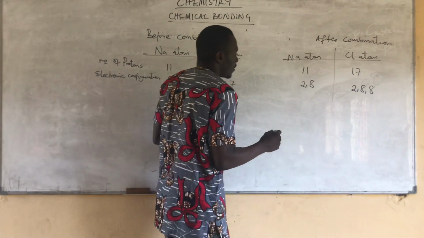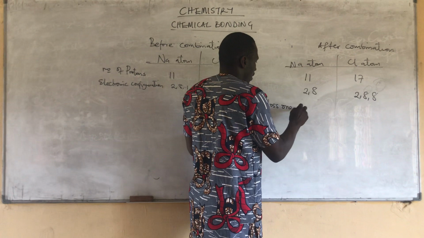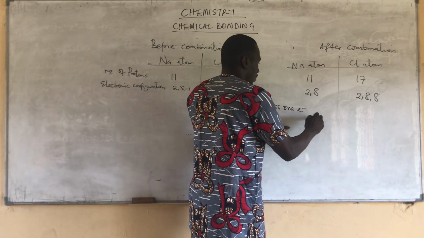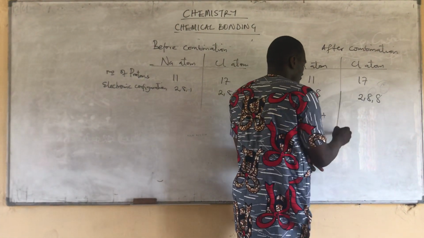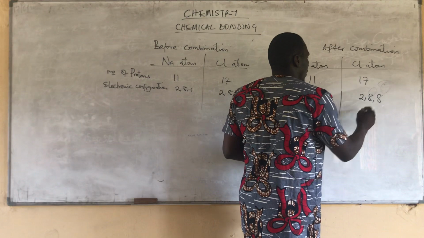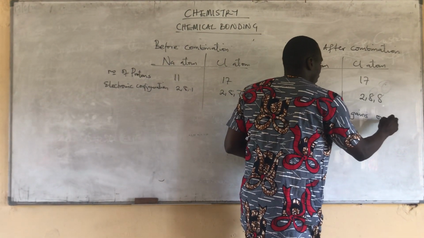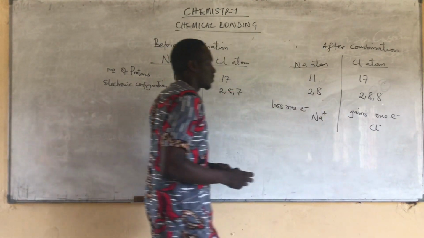For this one, it has lost 1 electron. Therefore, it becomes a sodium ion. In this place, it gains 1 electron. It becomes a chloride ion.